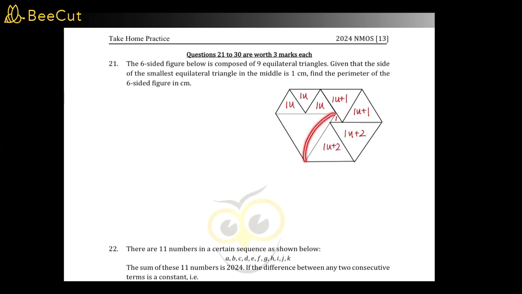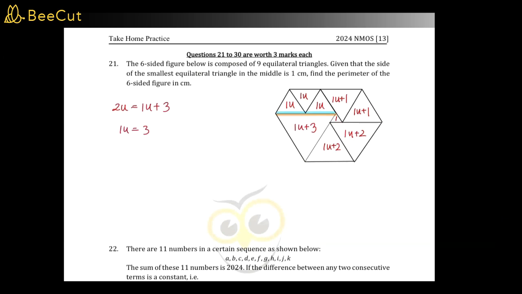Now this one is 1 U plus 2, then plus 1, 1 U plus 3. So we can see on top we have 1 U plus 1 U, that's 2 U. This equals 1 U plus 3. From there, we can solve that 1 U equals 3 cm.